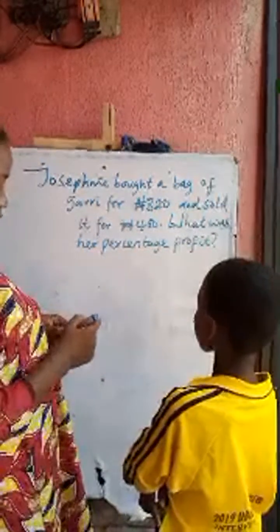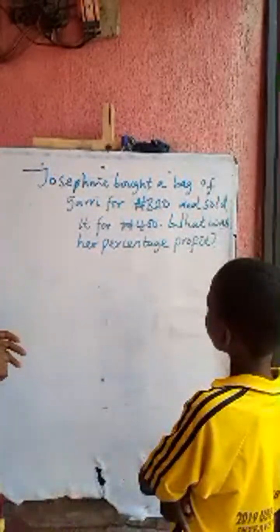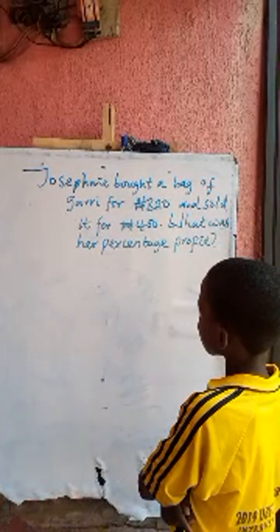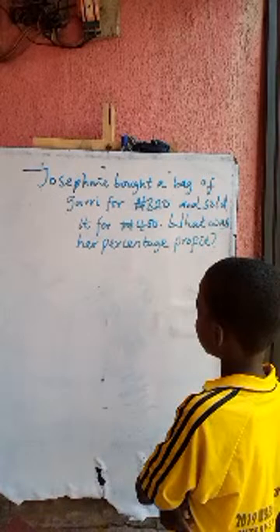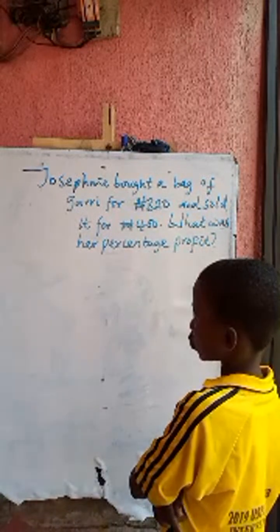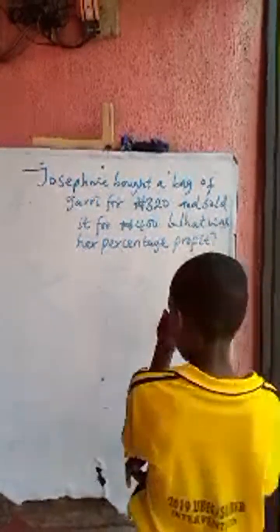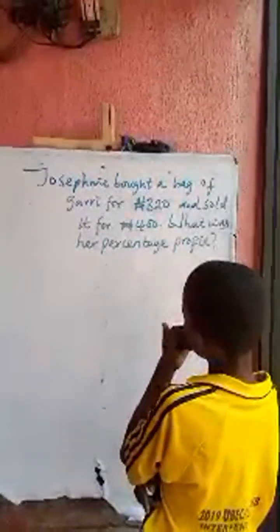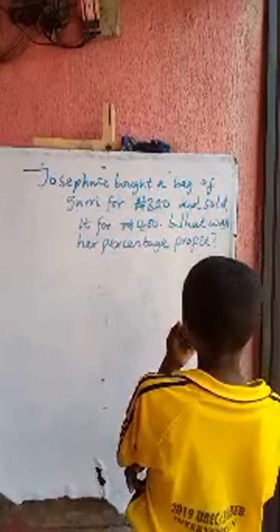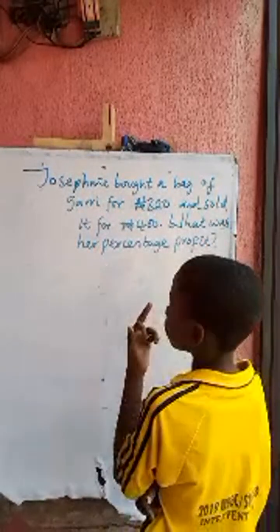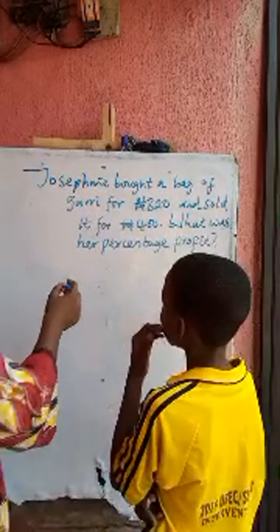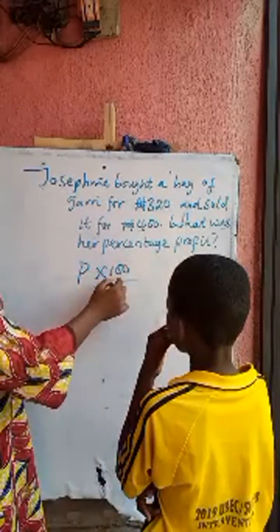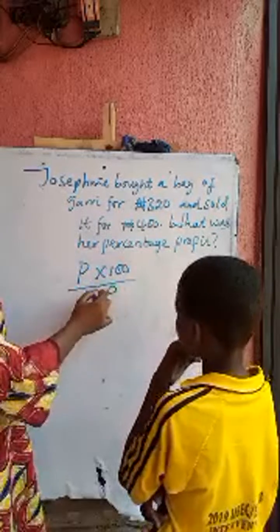Do you still remember the formula to find percentage profit, Jared? The formula is P times 100 over CP.